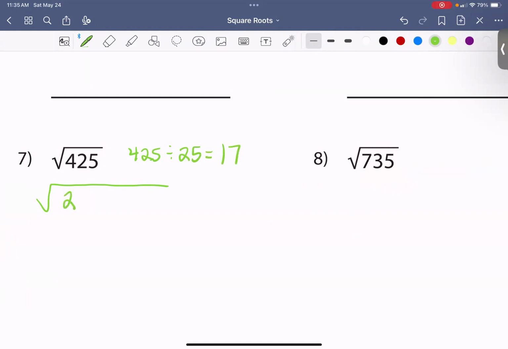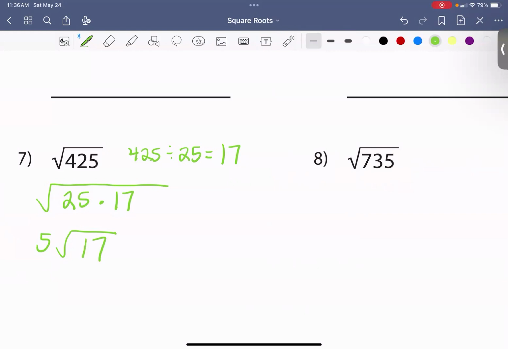So the square root of 25 times the square root of 17 equals the square root of 425. The square root of 25 is 5, and there's no perfect square for 17. The answer is 5, the square root of 17.